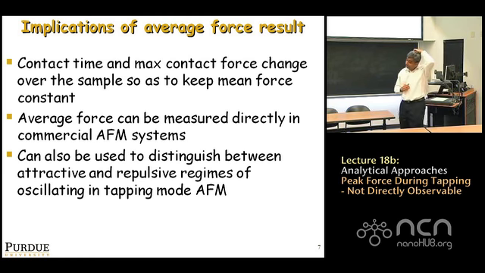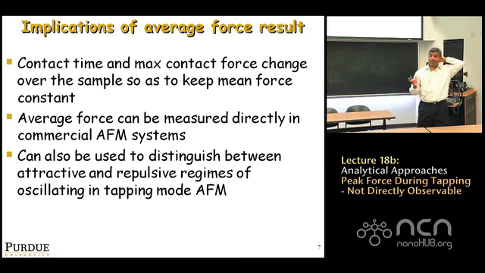One more important thing to tell you. Remember when we talked about the attractive and repulsive regimes of imaging in tapping mode? I hope you remember the definition. In tapping mode, when we refer to attractive and repulsive regimes, we refer to oscillation regimes where the net interaction force is attractive or repulsive, respectively. If you think about it, the net interaction force is repulsive when the average interaction force is repulsive, because the average interaction force is the net interaction force divided by the time period.